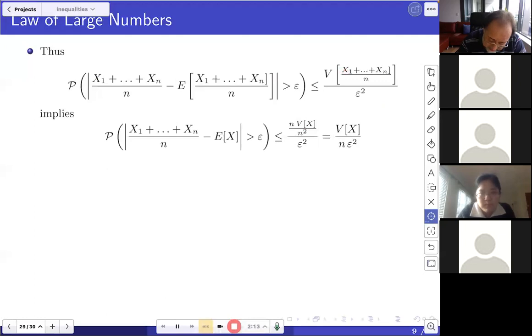So that will be n times the variance of X divided by n squared, and lo and behold, you get the variance of X divided by n times epsilon squared.